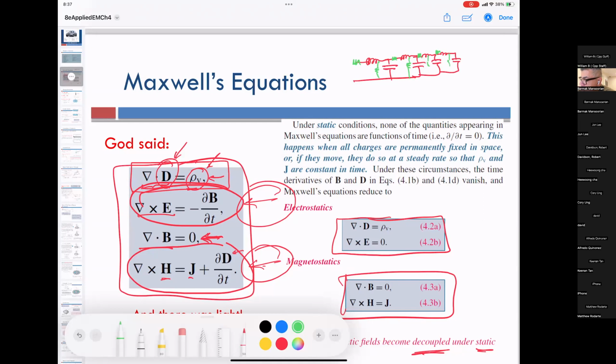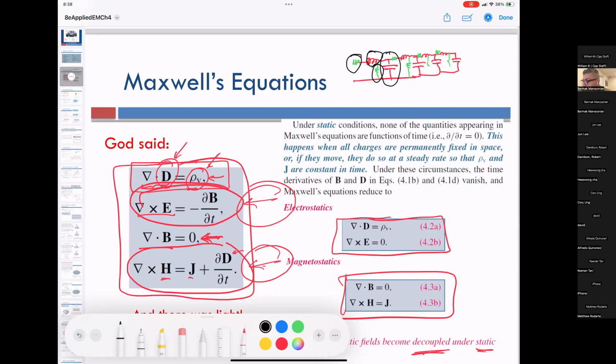Now, in the next couple of lectures, we're trying to figure out, in a few simple cases, how to calculate the values of capacitance, inductance, and these resistive values for the transmission line.